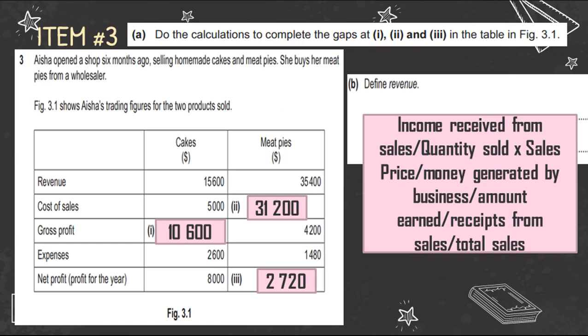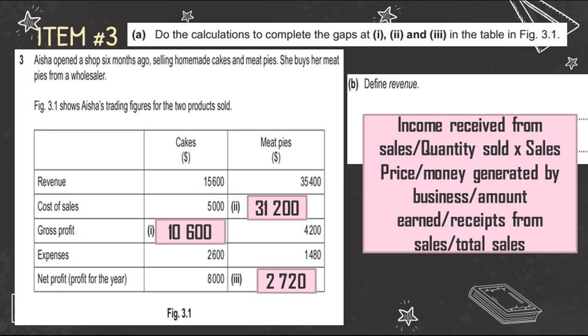Now, in the second part, the cost of sales is missing. So what you need to do is subtract the gross profit from the revenue, so that you will know the cost of sales.